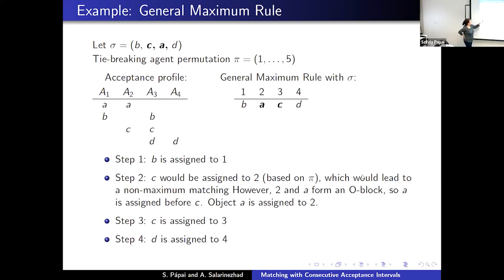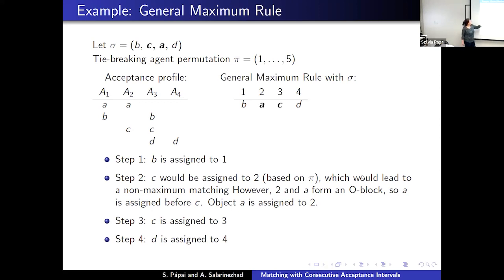So we start with B, since the ordering is BCAD. B is assigned to 1, because the two agents who have B in their acceptance interval are 1 and 3, and 1 has fewer objects.